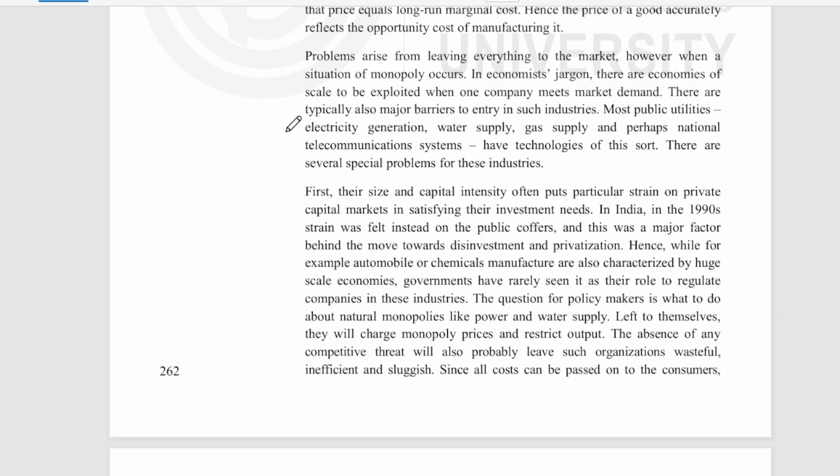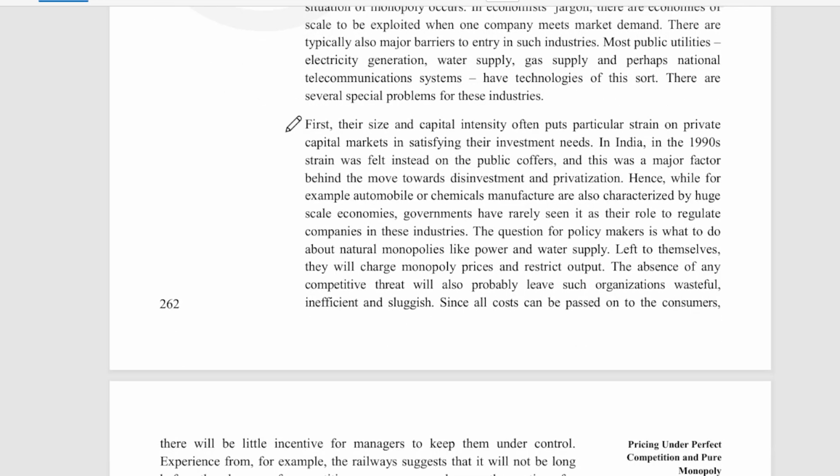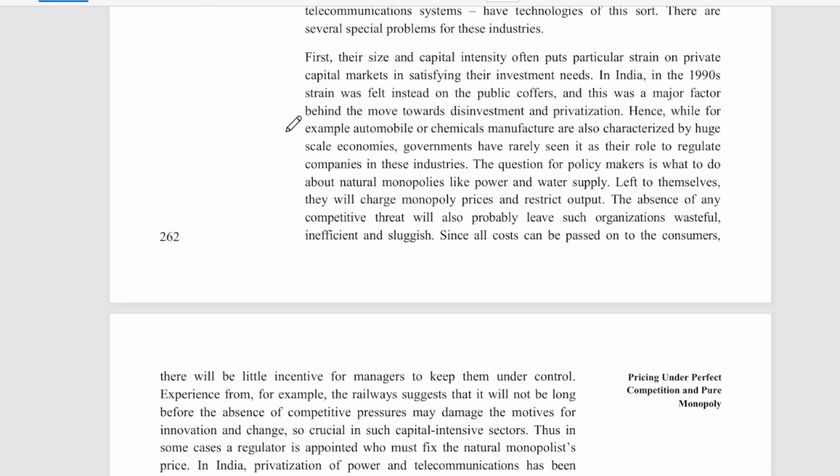There are several special problems for these industries. First, their size and capital intensity often puts particular strain on private capital markets in satisfying their investment needs. In India in the 1990s, the strain was felt instead on the public coffers, and this was a major factor behind the move towards disinvestment and privatization.